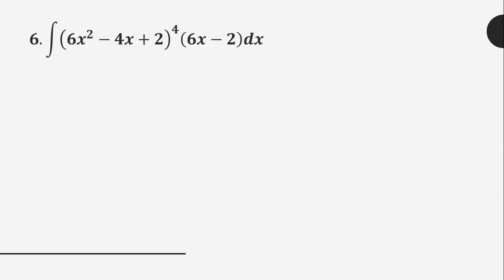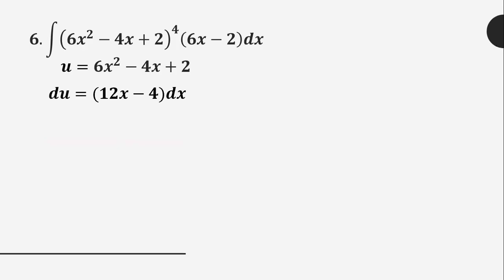Now let's have the last example. Let's have the integral of (6x squared minus 4x plus 2) raised to the 4th times (6x minus 2) dx. So what we have here is, of course, right away the u function, which is 6x squared minus 4x plus 2. We get the derivative, that's 12x minus 4 dx.